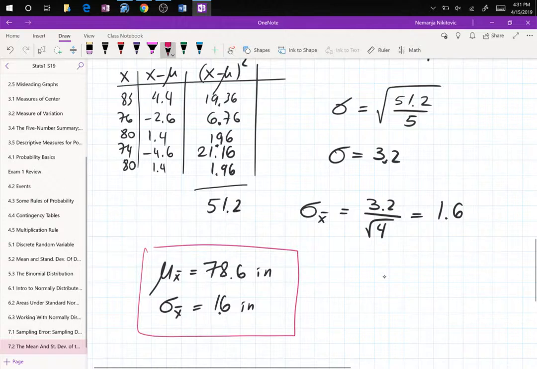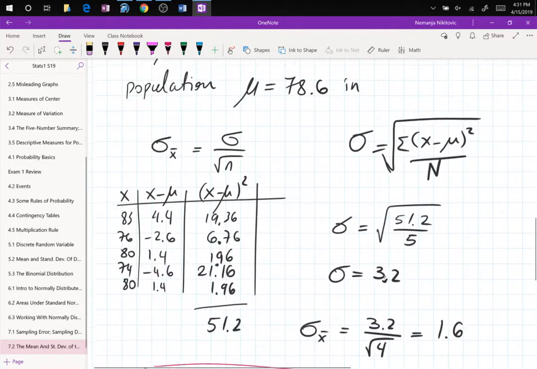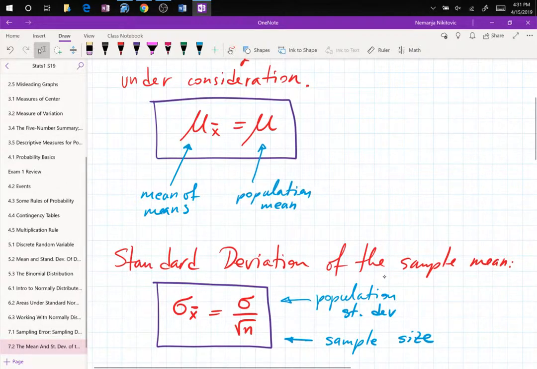Since data had no decimal, then we provide one decimal in our answer at the end. So one decimal here, one decimal there. Good. So what are you remembering? You're remembering two boxed formulas, which are very easy.